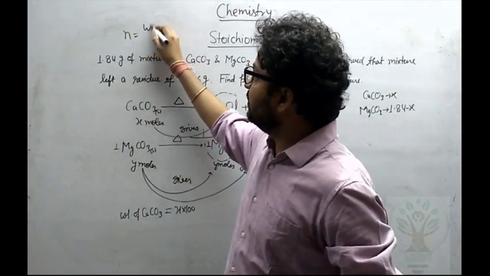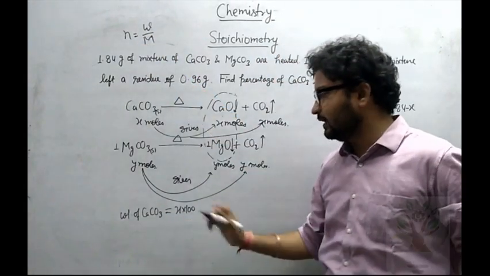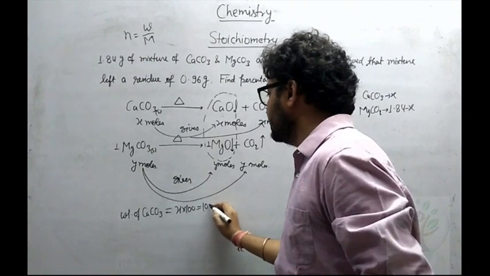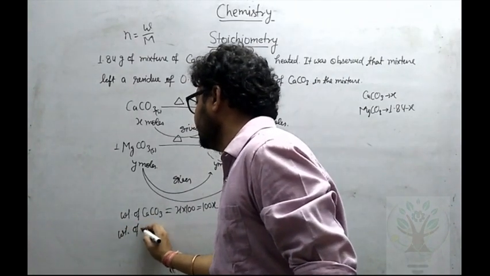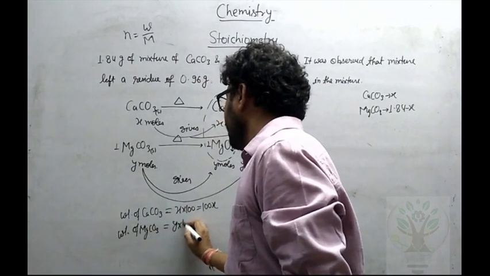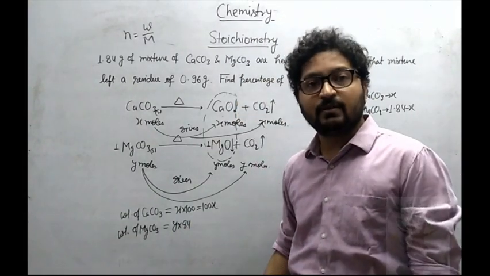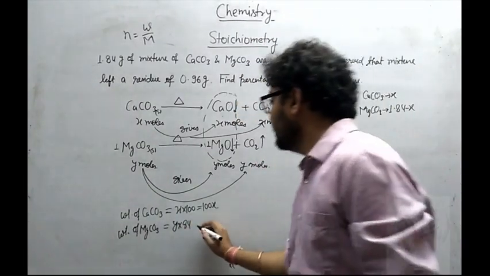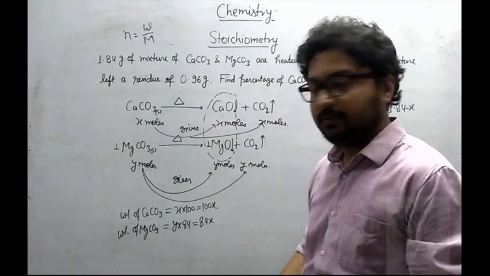Moles equals weight upon molecular mass. So weight equals n into M. So here it will be 100x. And what will be the weight of MgCO3? It will be y into 84. What is 84? 84 is the molecular mass of MgCO3. So you will get 84y.